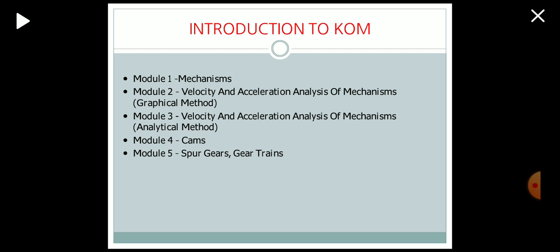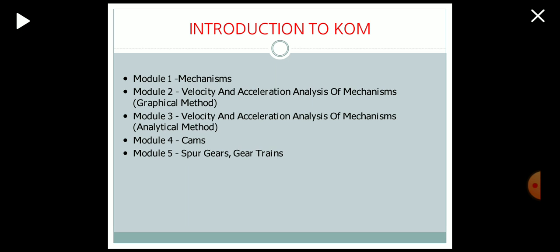We'll take an example of an IC engine. In an IC engine, there will be an inlet valve and an exhaust valve. I hope you might have studied this. The opening and closing of the inlet and exhaust valve is done by cams. So cams take the responsibility of opening and closing the valves based on the requirement of the cycle.